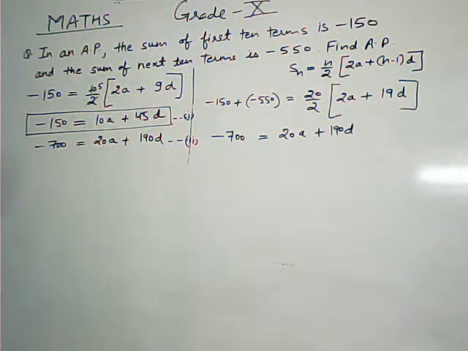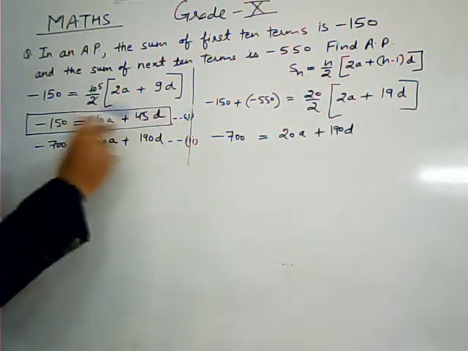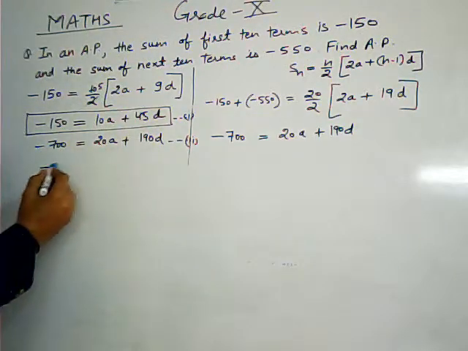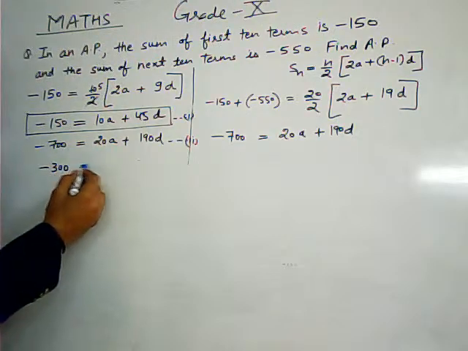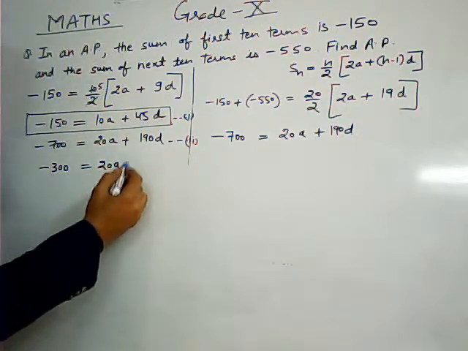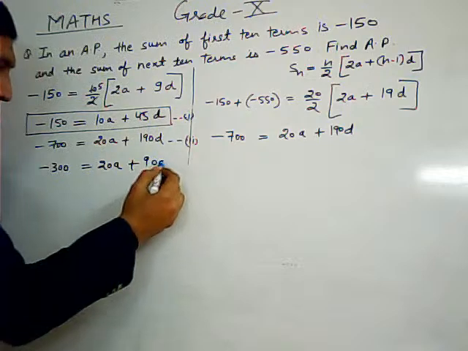Eliminating, we can multiply the first equation by 2. So we will get minus 300 is equal to 20a plus 90d.